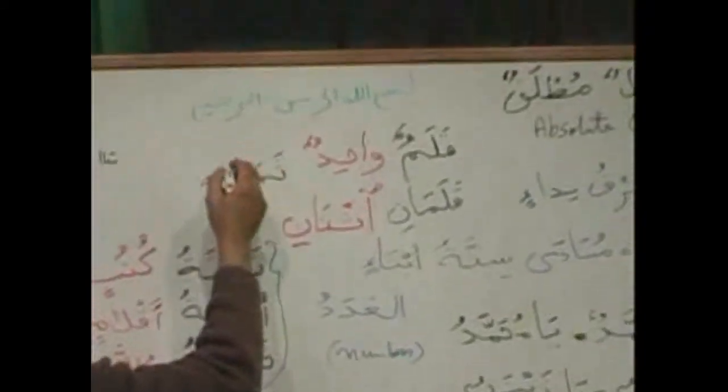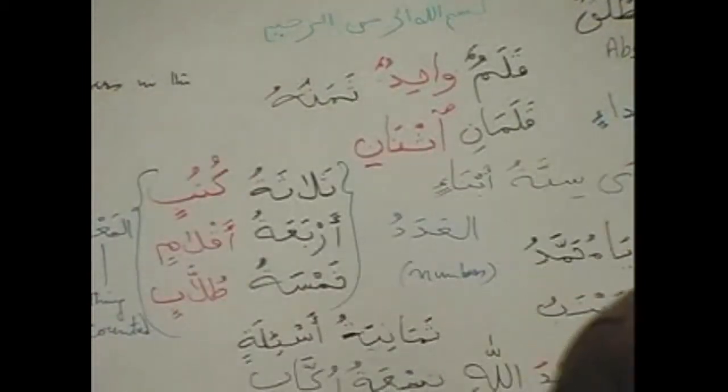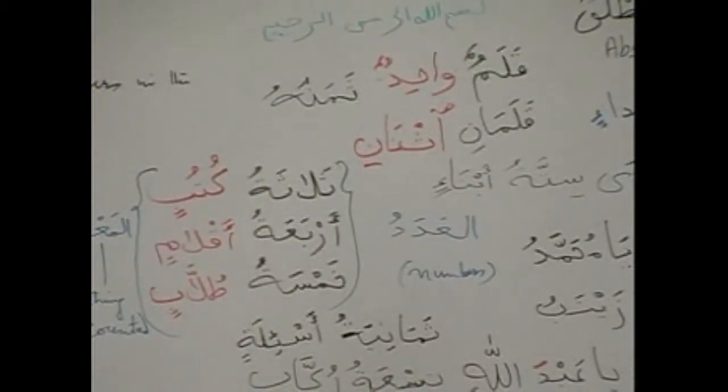Samanuhu. Okay. Either I should write down samanuhu, okay, brothers and sisters? What is hu? Mudaf ilayh. I want to write down a proper noun. Samanu hazal kitabi. What will I say?